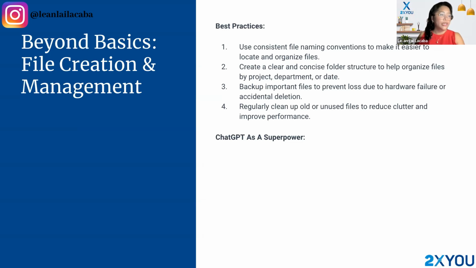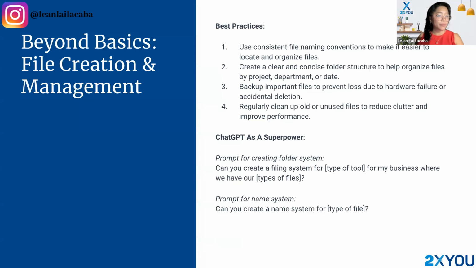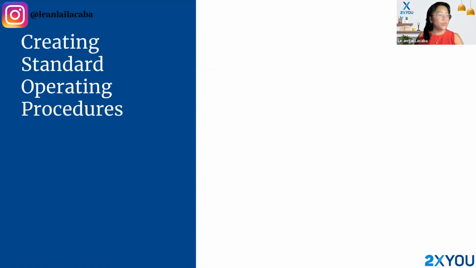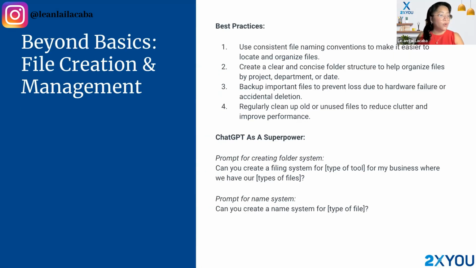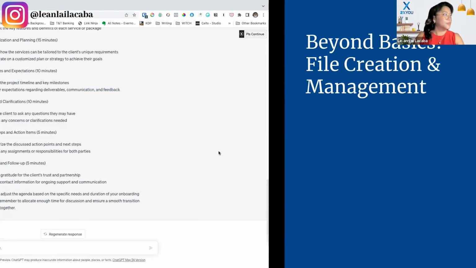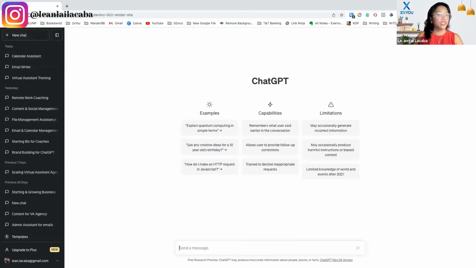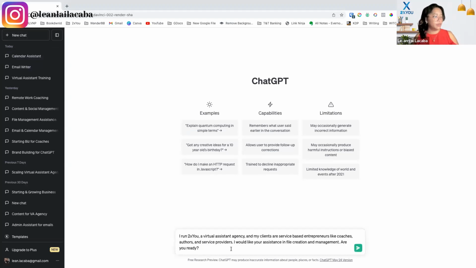So using ChatGPT as a superpower when it comes to file creation and management, you could do it in two ways: creating the folder system and then the naming system. Again, as much as possible, you can create a different ChatGPT thread for this. So I'm just copying the prompt I already have.